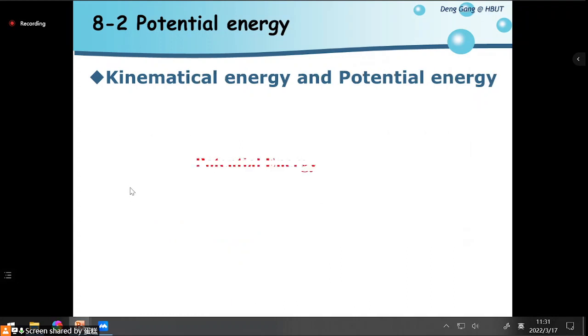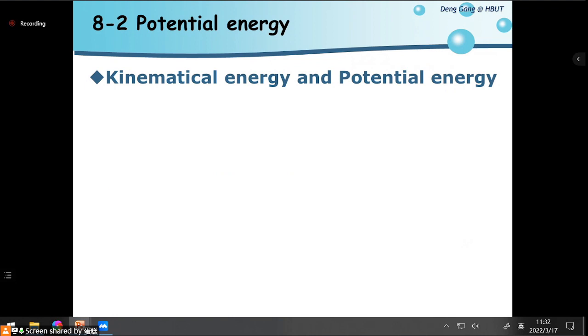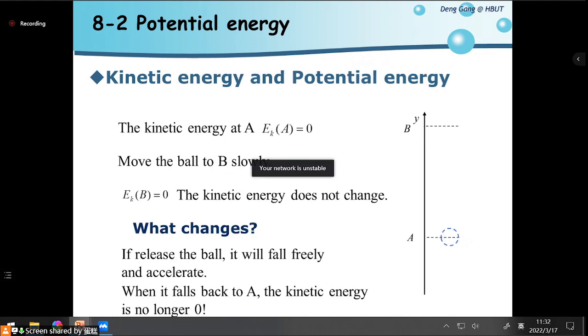So this is called potential energy. Why do we call it potential energy? When I moved from A to B, I did increase something, and this is the hidden energy in this object. It has the potential to change into kinetic energy.